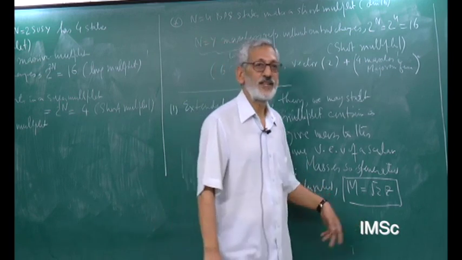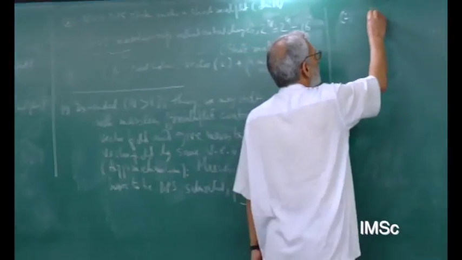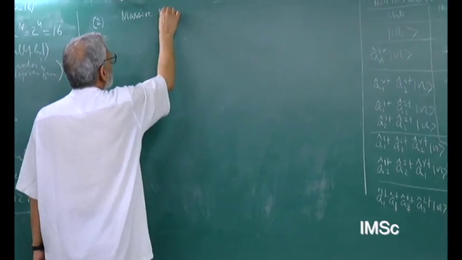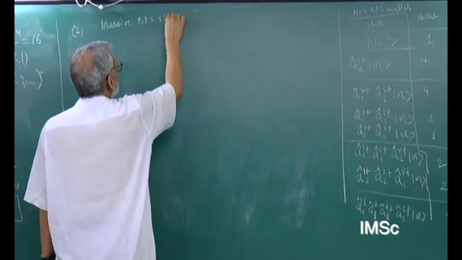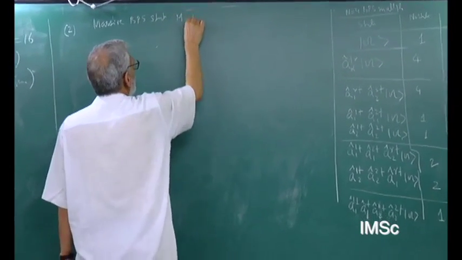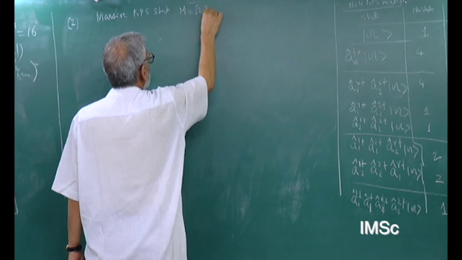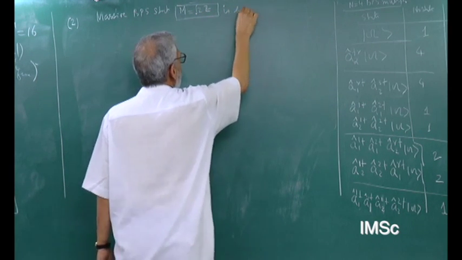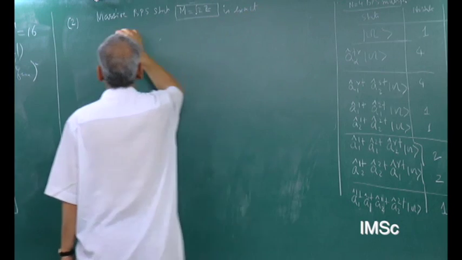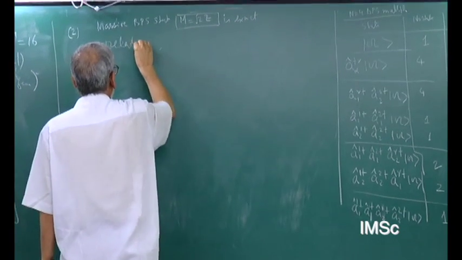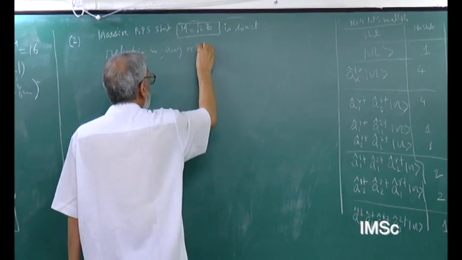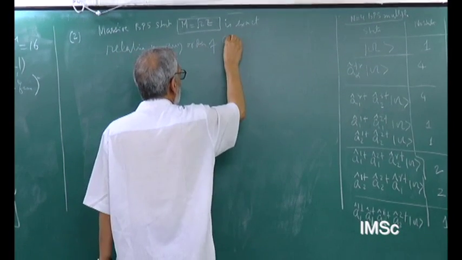So if the number of states has to be the same, the masses may get renormalized, the central charge may get renormalized, but this relation has to be true. So this saturation relation for massive BPS states, m equal to the central charge, is an exact relation in any order of quantum perturbation.